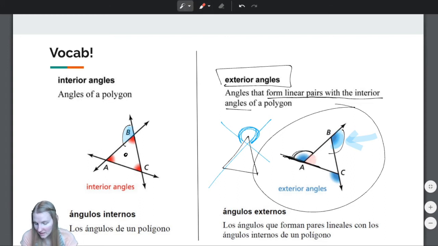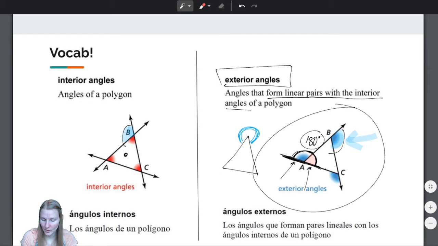So remember, a linear pair means that we're adding up to 180 degrees. They are supplementary. They're on a line. Linear pair means together on a line. So we can see that this interior angle A and this exterior angle A are on a line and form 180 degrees together. So that's what makes it an exterior angle.